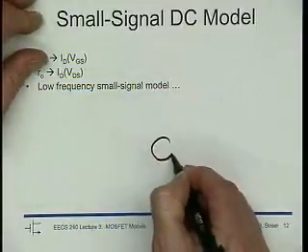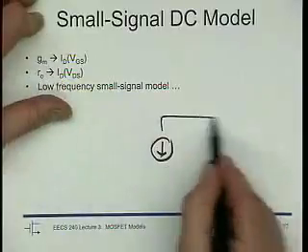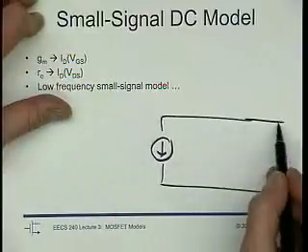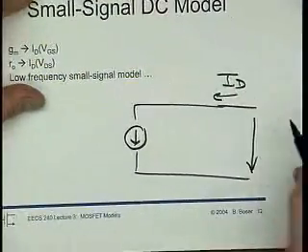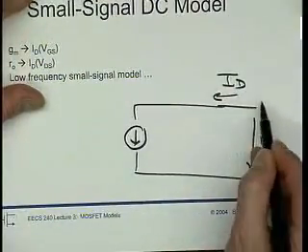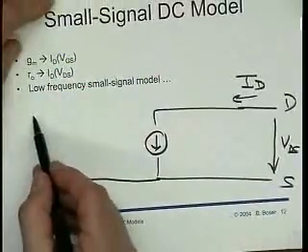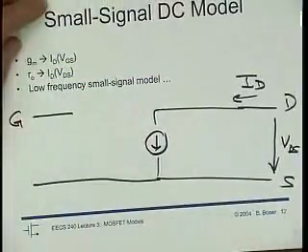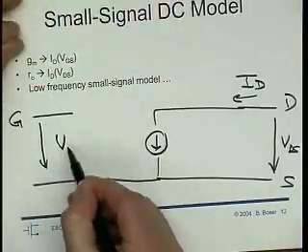One of them is that I want to have gain, and the output of my device is really a current ID across drain and source, and the input is VGS.